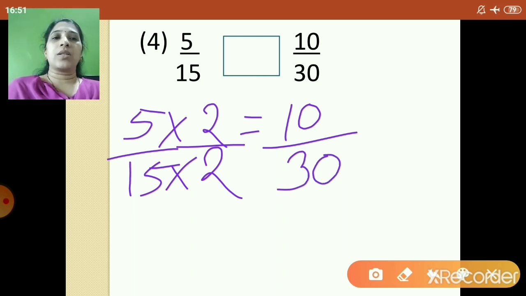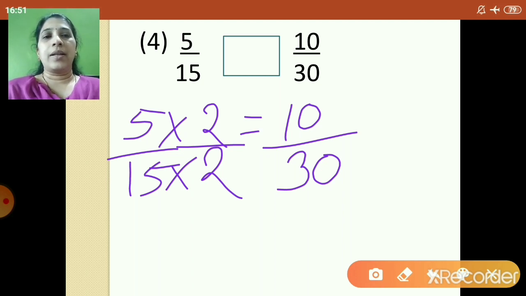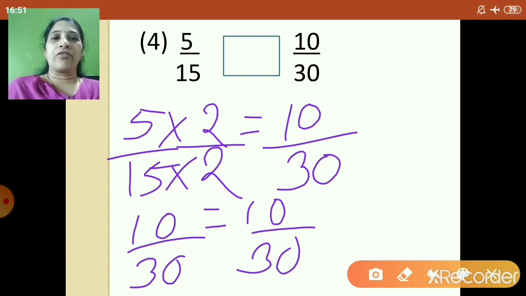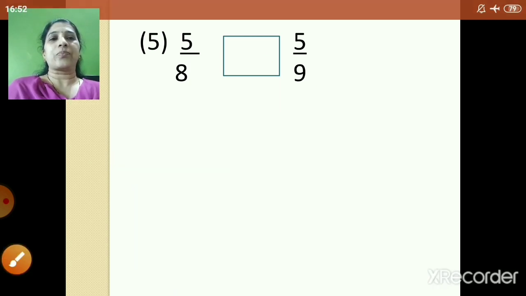So what answer did you get? 10 upon 30. Therefore 10 upon 30 is equal to 10 upon 30. So that means your fraction 5 upon 15 is equal to 10 upon 30. Right children? I hope you have understood how to do it. Let's move to the next one.